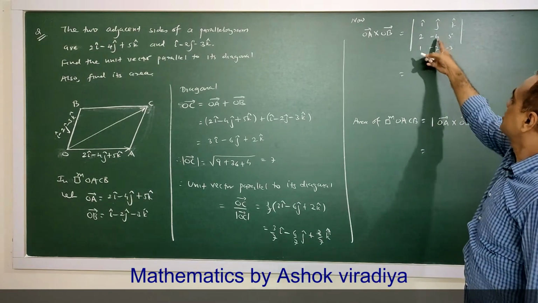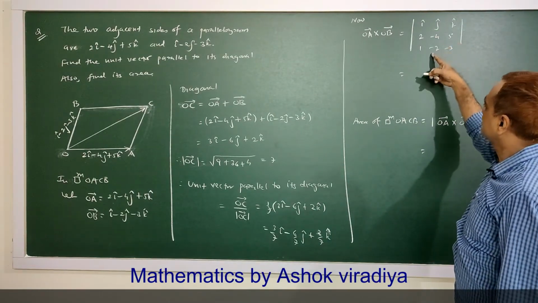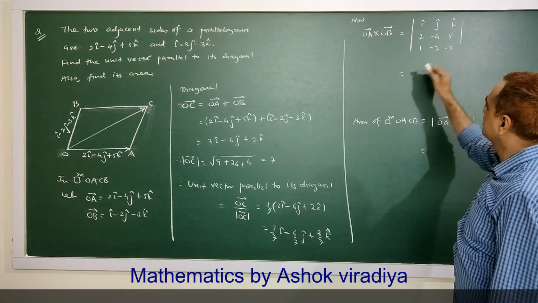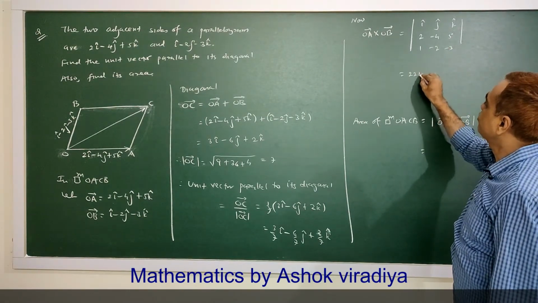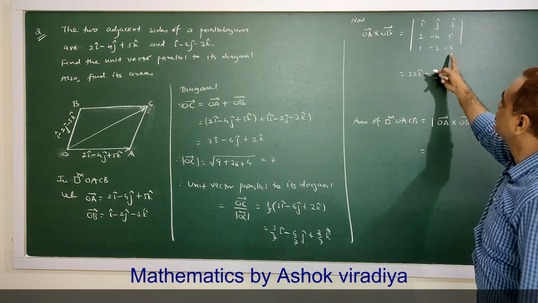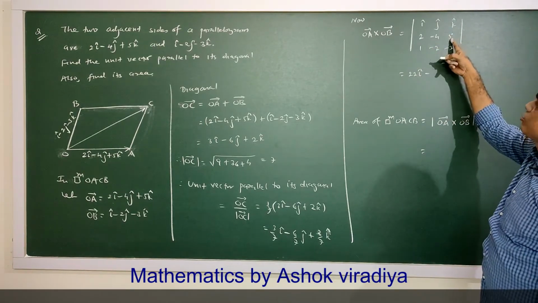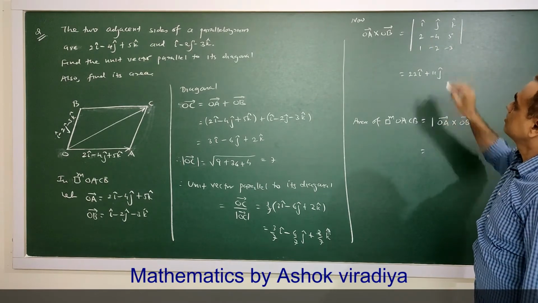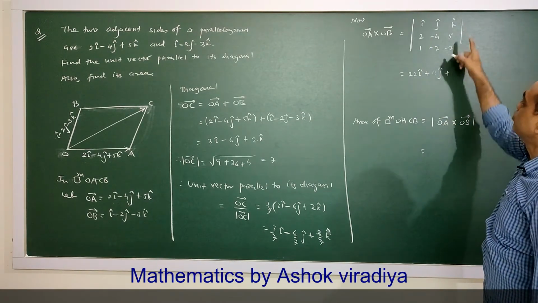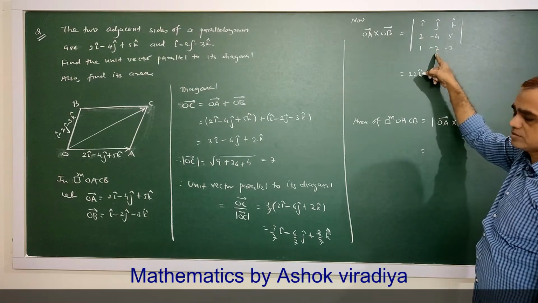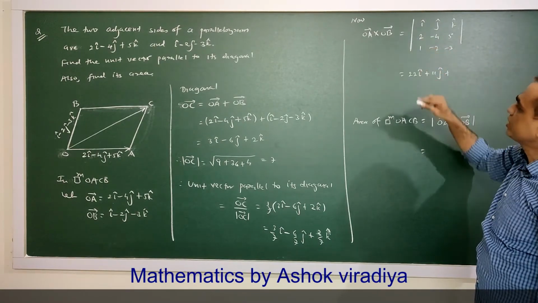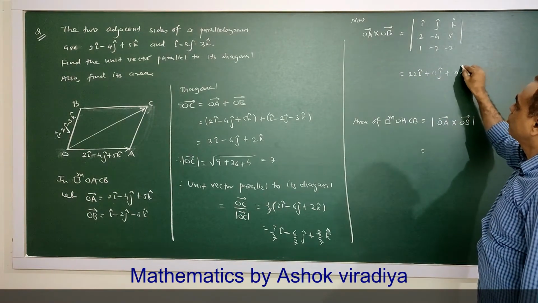So it is 12 minus minus 10, that is plus 10, so 12 plus 10, 22i, minus j into minus 6 minus 5, minus 11, so plus 11, plus k into minus 4 plus 4, minus 4 minus minus 4, that is plus 4, so 0 times k.